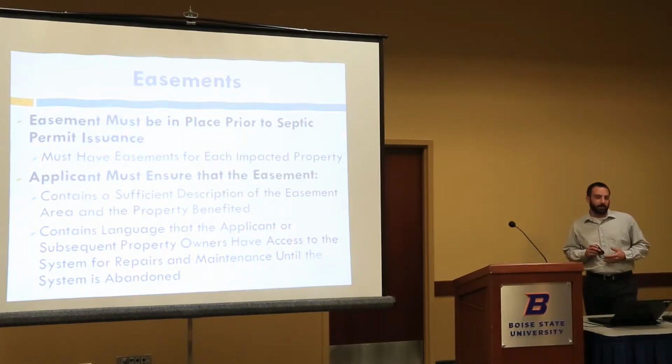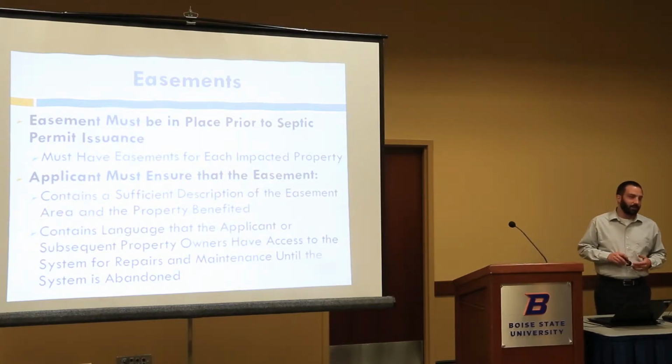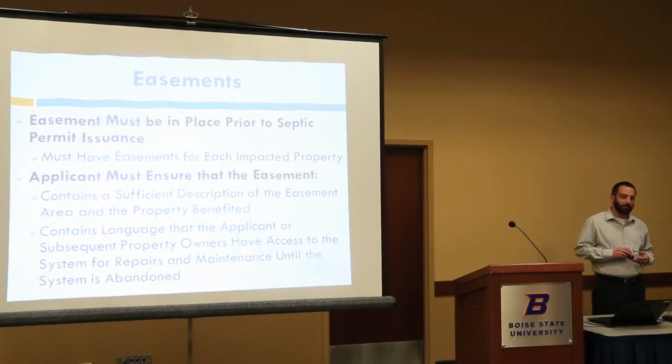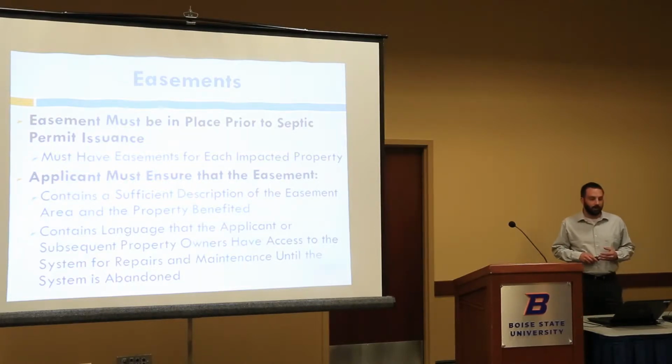As part of that easement, the applicants need to make sure that it contains a sufficient description of the easement area and the property benefited. The easement contains language that the applicant or any other property owner has access to the system for repairs and maintenance until that system's abandoned for whatever reason, whether that's connection to sewer or installation of a system in another area.